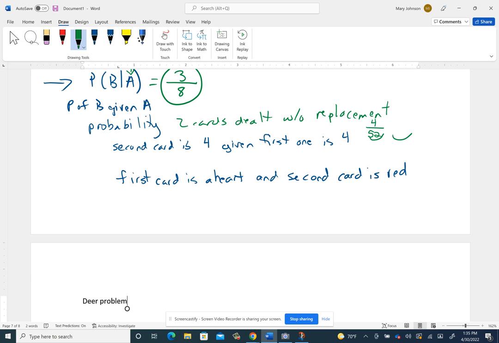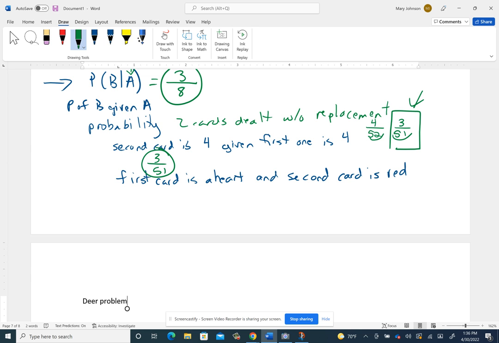But the answer to the question is just whatever goes there. What's the probability the second card is a 4 if you got a 4 the first time around? Well, you're not replacing. So there's now going to be only 3 4s left and only 51 cards left. So the answer would have been 3 out of 51. Okay. And this is all you want.